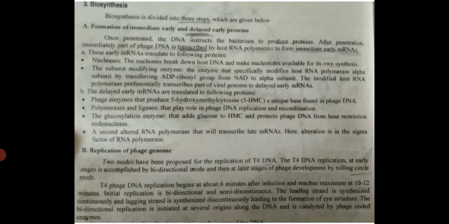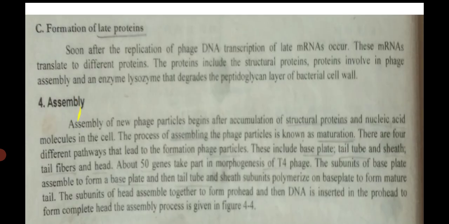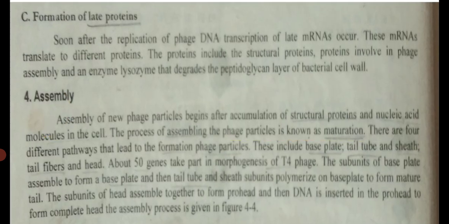Then the third event, that is C, formation of late protein. Soon after replication of the phage DNA, transcription of late mRNAs occurs, and these mRNAs translate to different proteins.